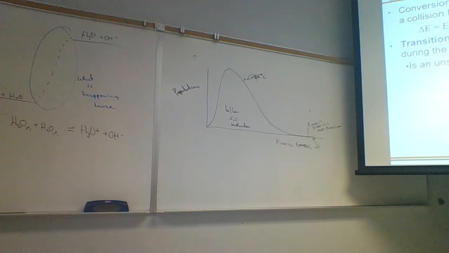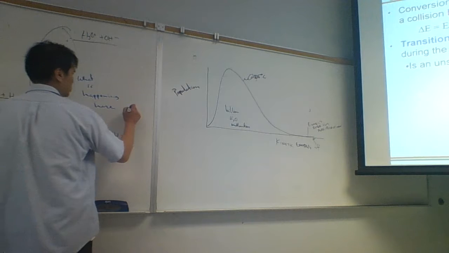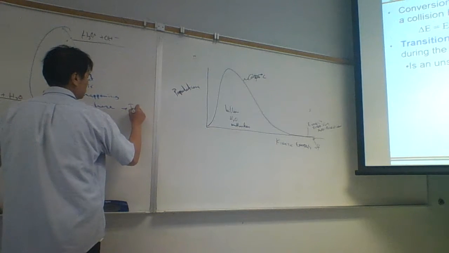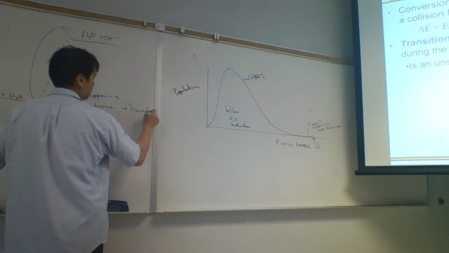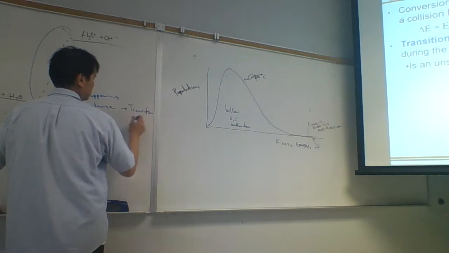Normally when we think about it, nothing's happening, it's just going from reactants to products. But when we look at it in more detail, when we want to see how the bonds are breaking and how the bonds are forming, that's what we call a transition state. So what is happening here? There's some transition state. The transition state we don't actually see or write down.